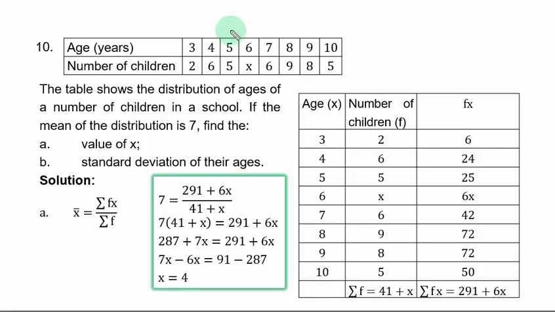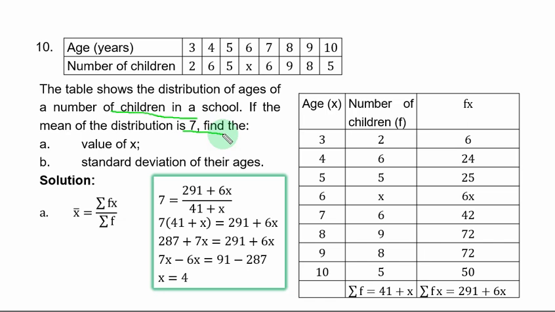Question 10. The table shows the distribution of ages of a number of children in a school. If the mean of the distribution is 7, find the A part of the question, value of s, B part, standard deviation of their ages.